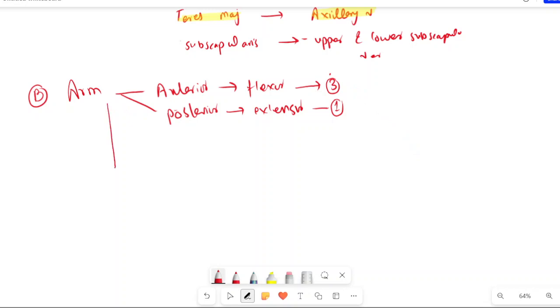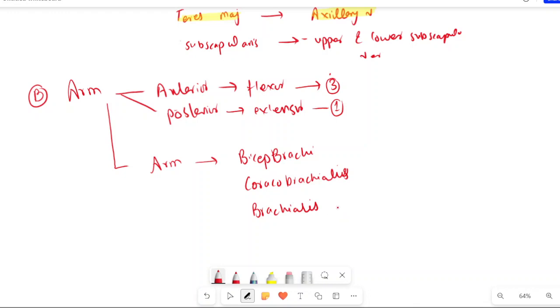In the arm, first is the biceps brachii, then coracobrachialis, and brachialis. Coracobrachialis and brachialis. These are the three muscles.